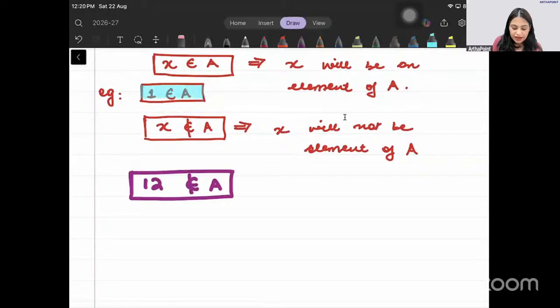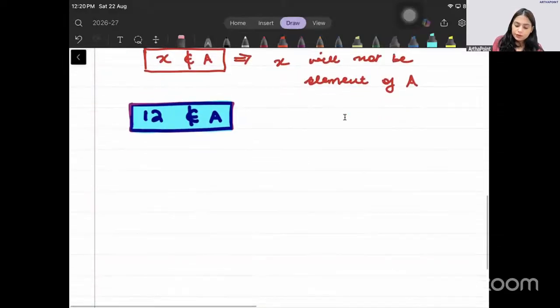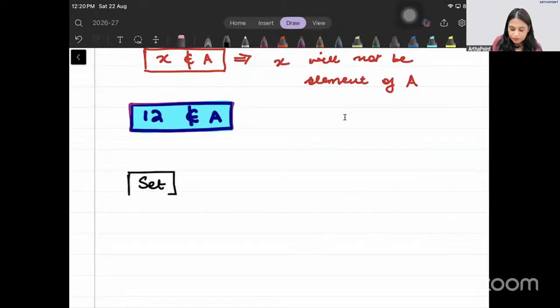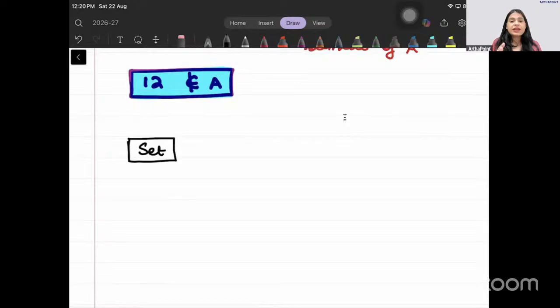So something can belong to A and something cannot belong to A. The sign of this looks like this. Whenever we talk about any set, we can define a set in two forms. One is called the roster form.